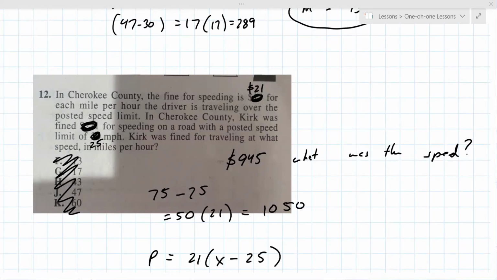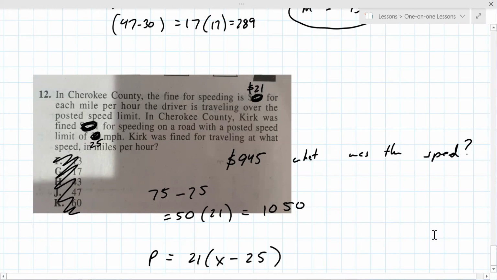Okay, so then it would be 21 m 25, and then do 945 divided by 21.